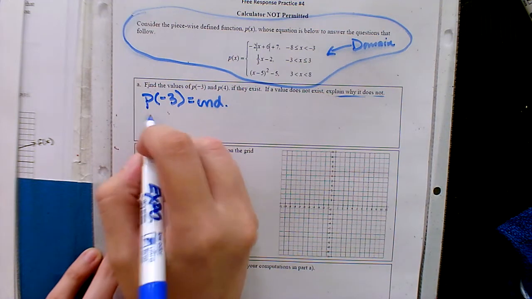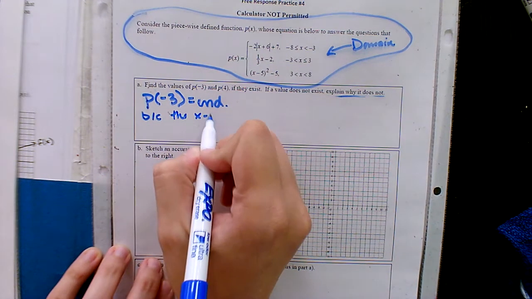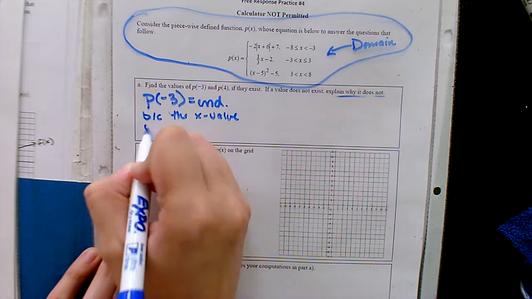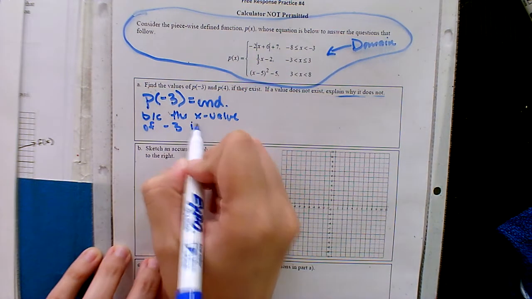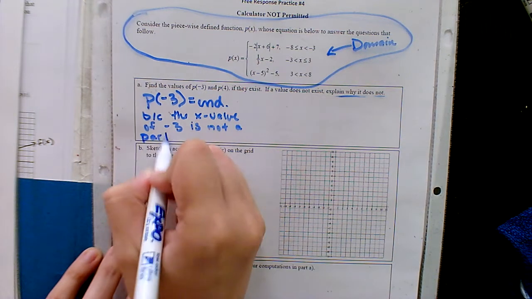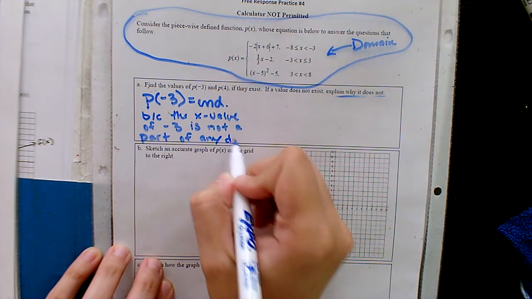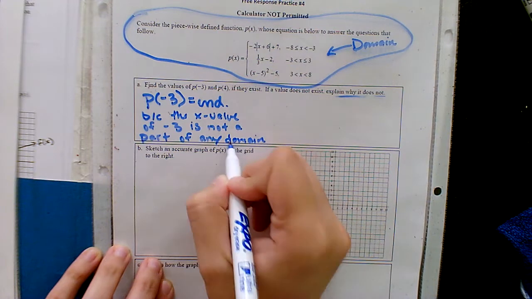So maybe just in general, we can say because the x value of -3 is not a part of any domain.